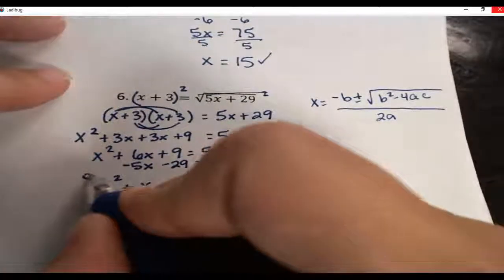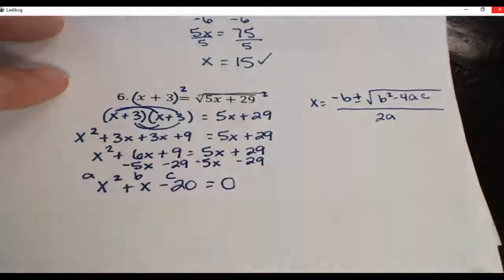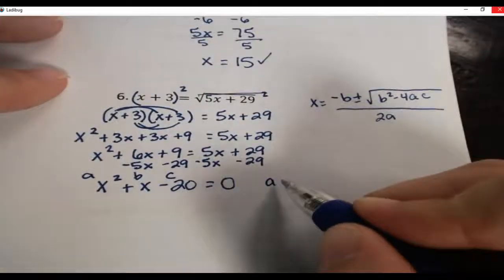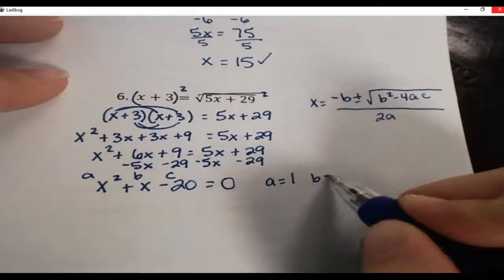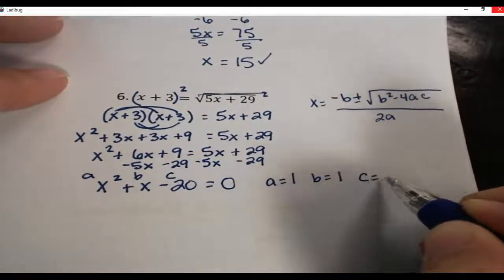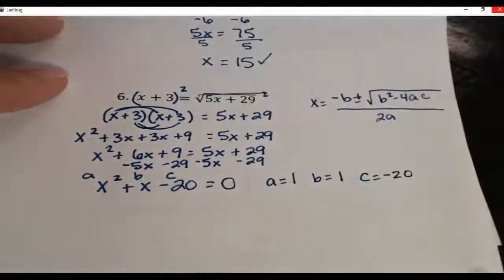And so we've got a, b, c. So our a is what? 1, good. Our b is also 1, good. And our c, good.